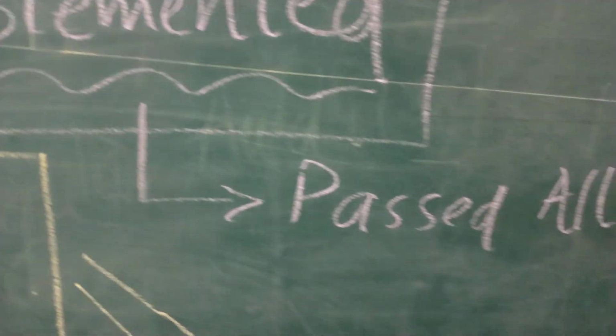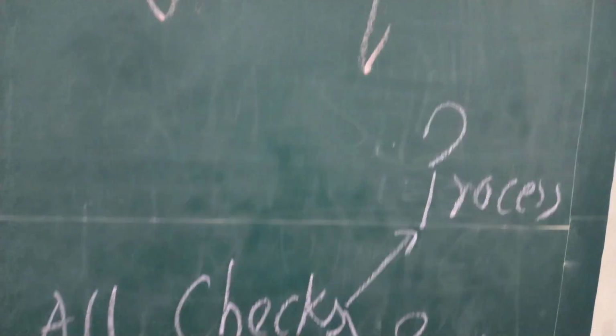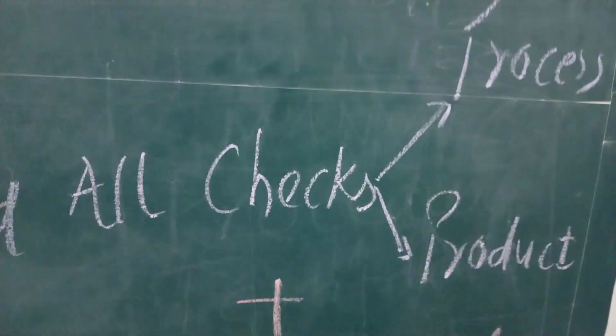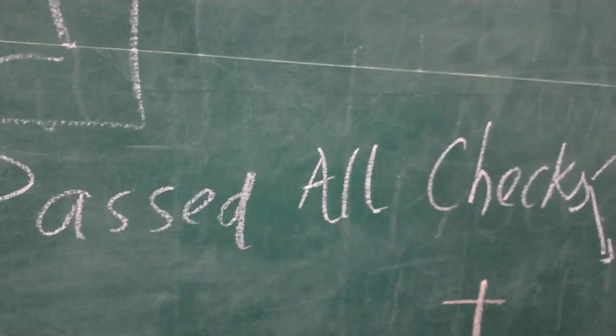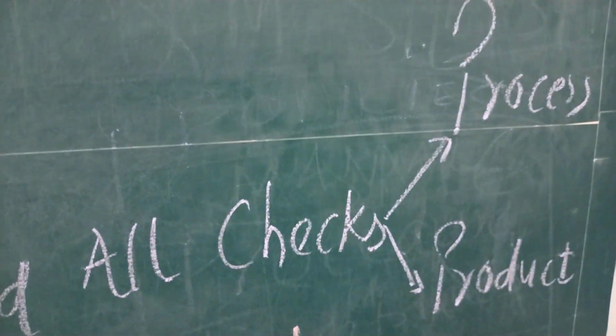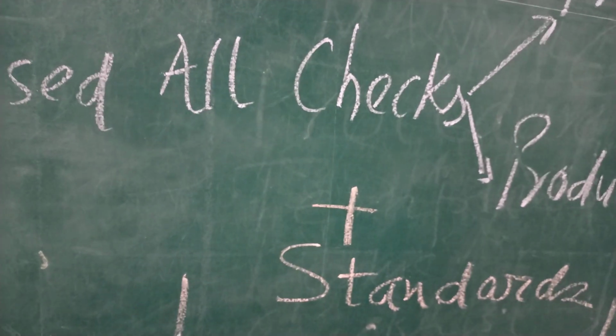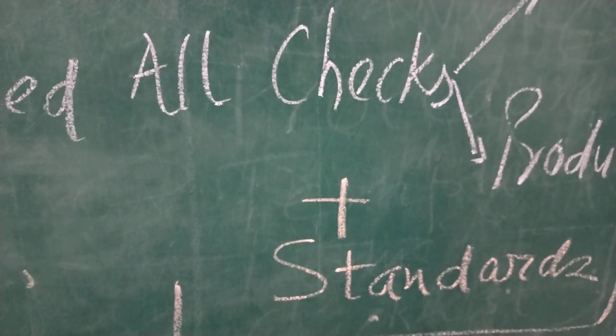So it will pass through all the checks. It could be a process check, it could be a product check also. This is how it goes. So to meet that basic requirement, it will pass through all the checks as I mentioned, process and product both, plus some of the standards requirements that the product also has to meet.